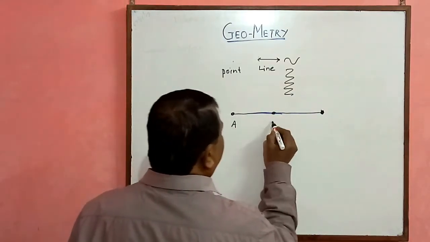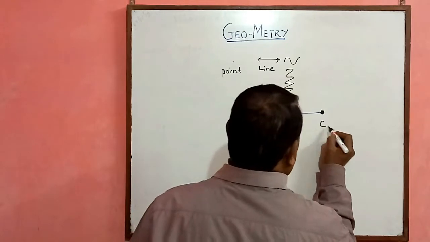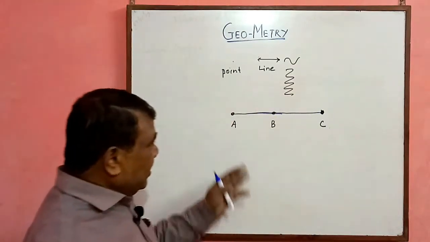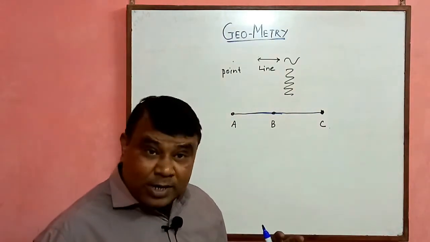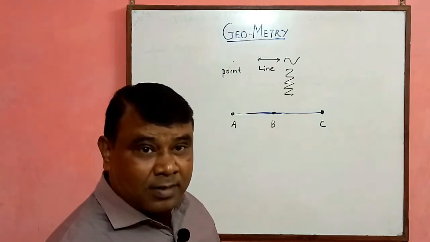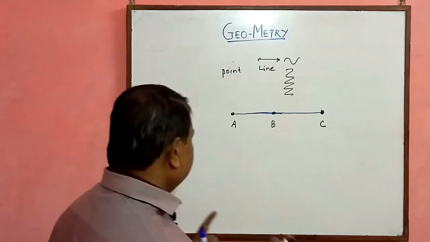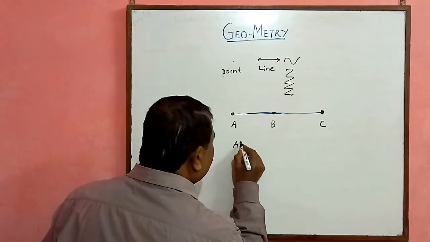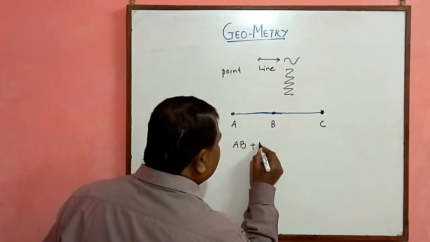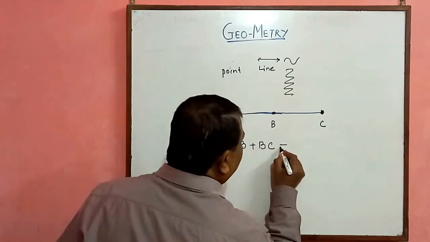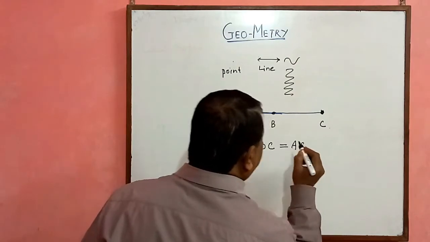Let's say A, B, C, these are the 3 points. These 3 points will represent a straight line only when AB plus BC will be equal to AC.